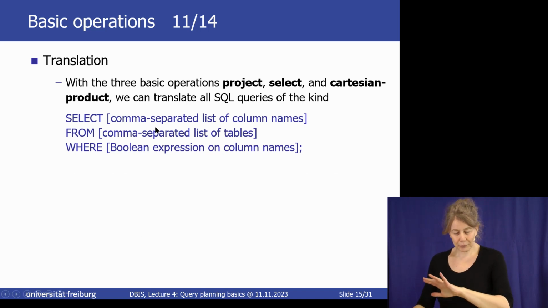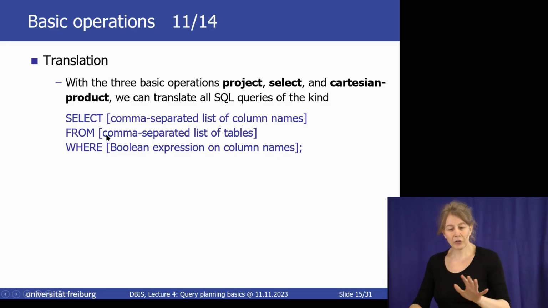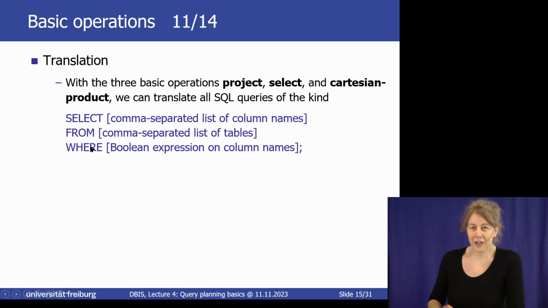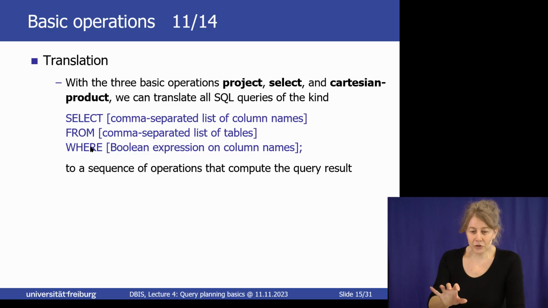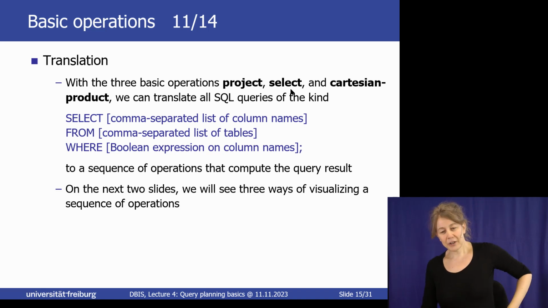For now, we look at queries of this kind: SQL is more complicated than that, but for now we stick to select something from a number of tables where certain conditions hold. You can already do a lot with these queries, and each query of this kind you can realize with a combination of these three operations.